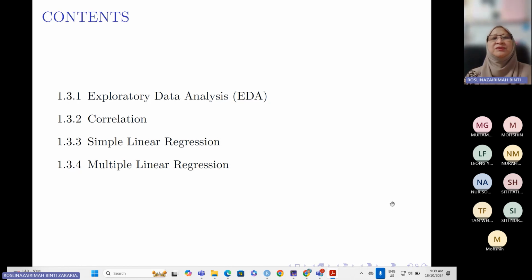So we do exploratory data analysis before we get into serious business, or before we use the statistical models. And we look at the correlation, which is actually part of the EDA. I will explain in detail, and then we try simple linear regression and multiple linear regression.